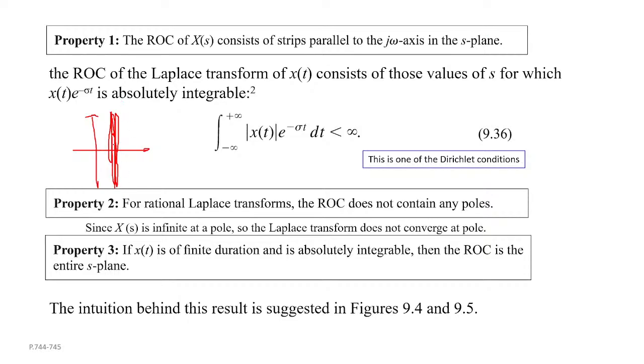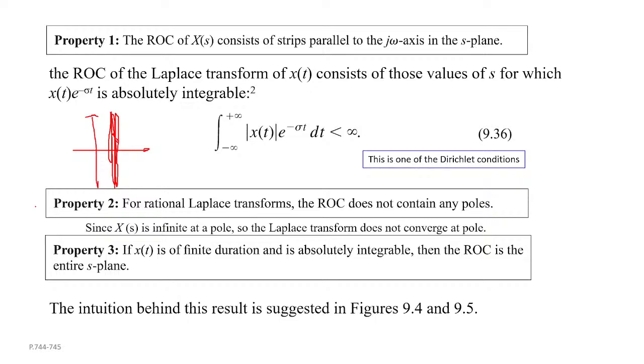This is because, like we said, the convergence of the Fourier transform is global. If a point has a convergent Fourier transform, then it is convergent for every omega.